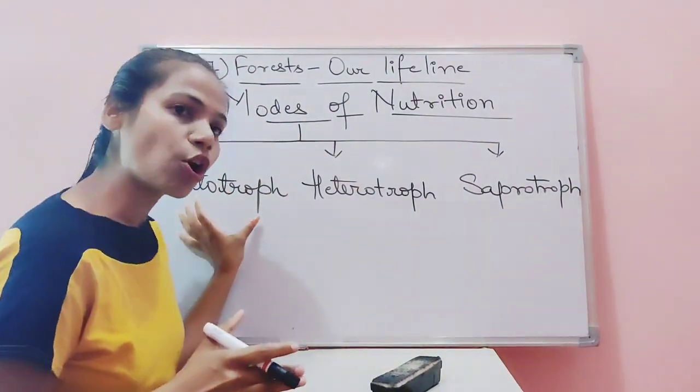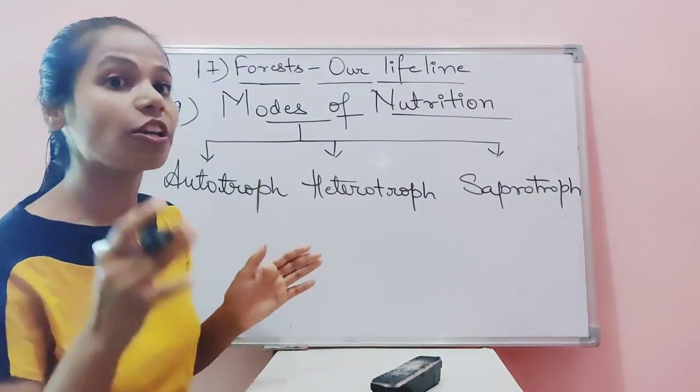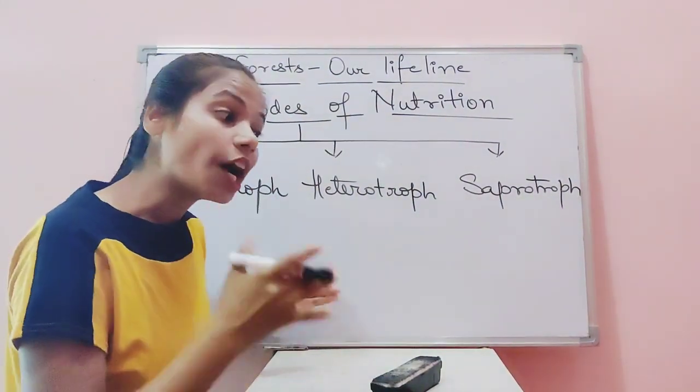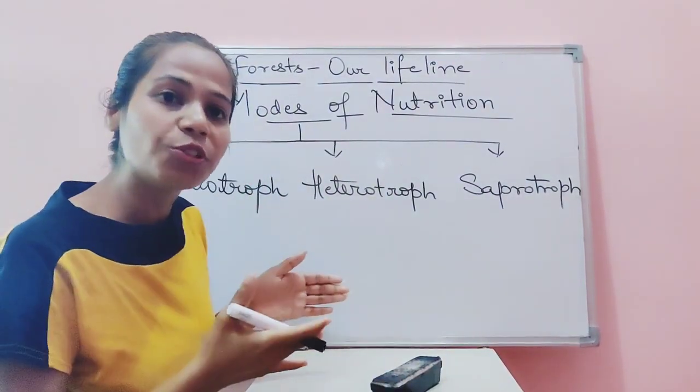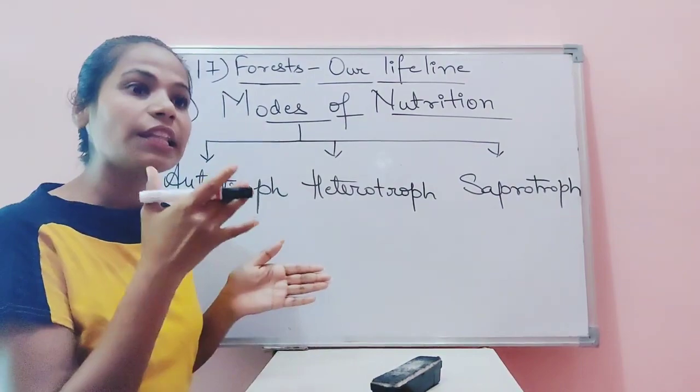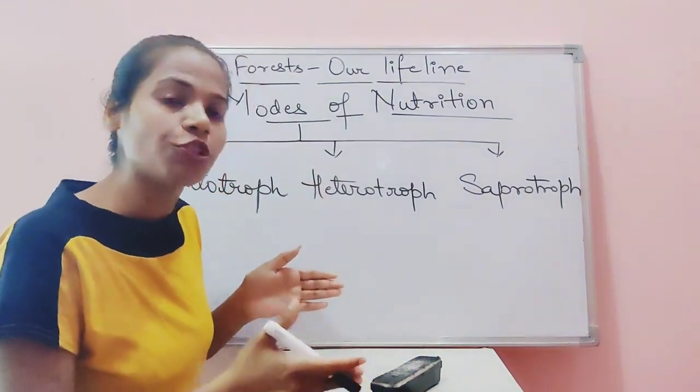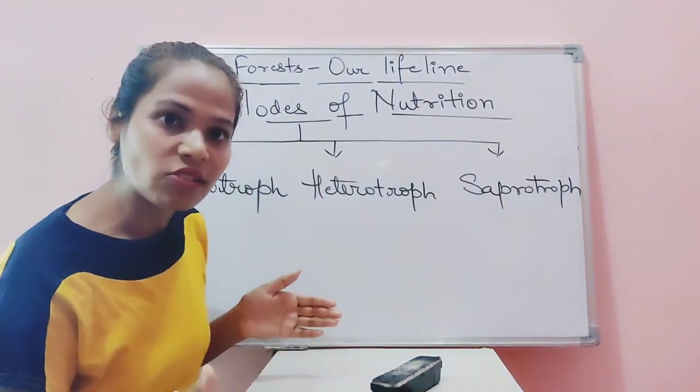What do you understand by autotroph, children? Autotroph is the mode of nutrition under which organisms take in their nutrients by themselves. They make their own food. Example, plants, children.